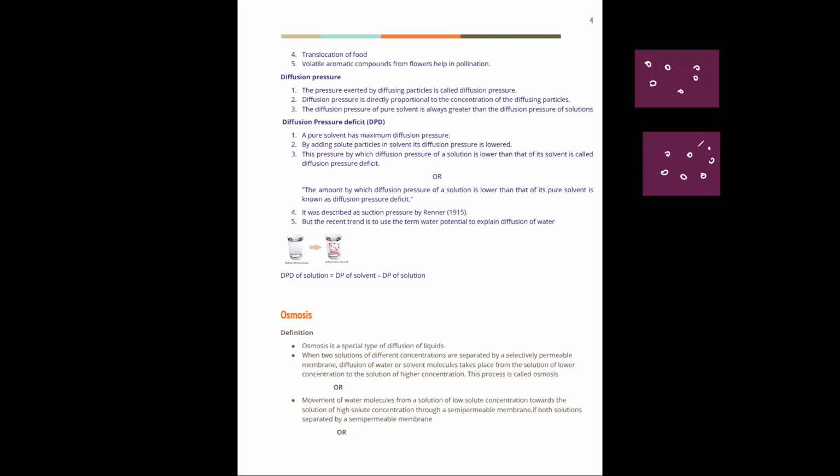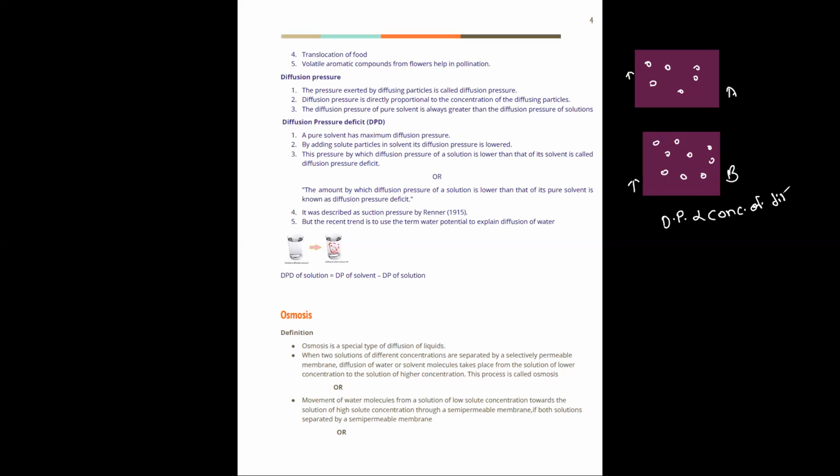If the concentration of gas molecules in system B is more and in A is less, then we can easily say that if the concentration of diffusing particles is maximum, then definitely the diffusion pressure, denoted as DP, will be maximum in system B than A. So from these two points, what we have learned is that diffusion pressure is directly proportional to the concentration of diffusing particles.